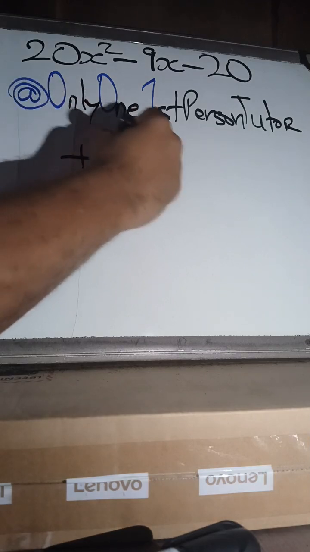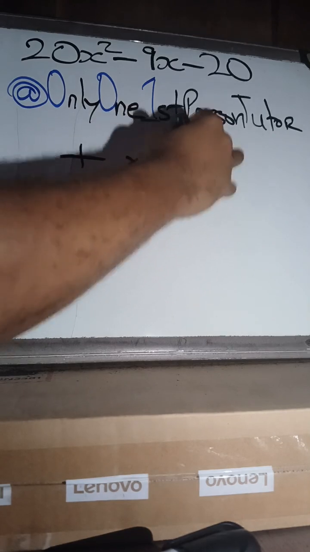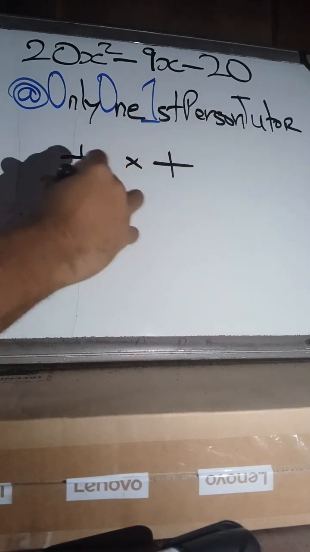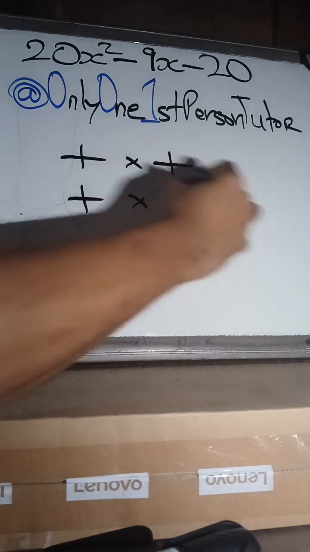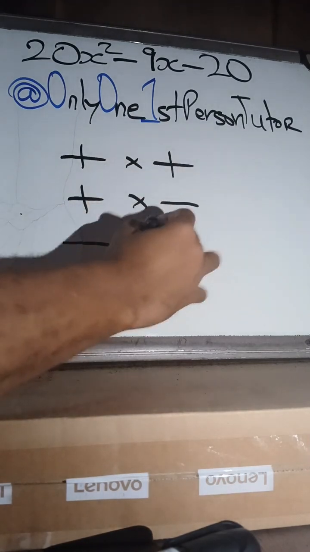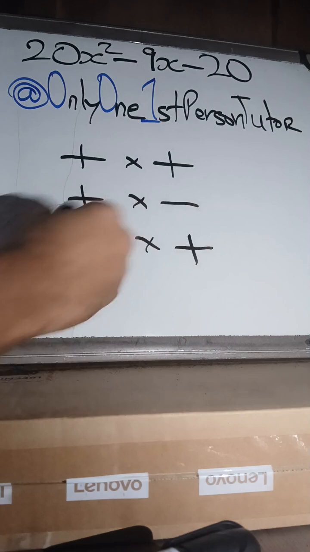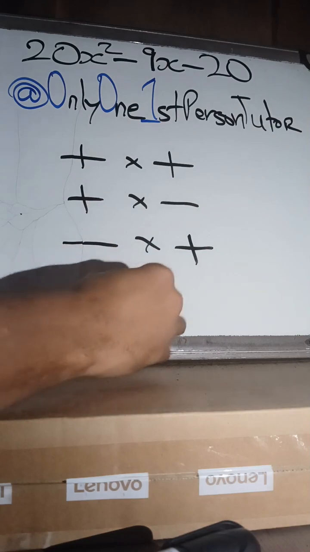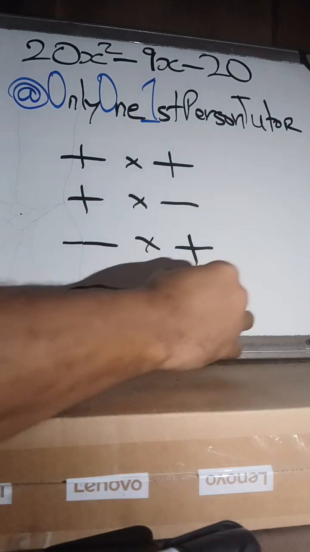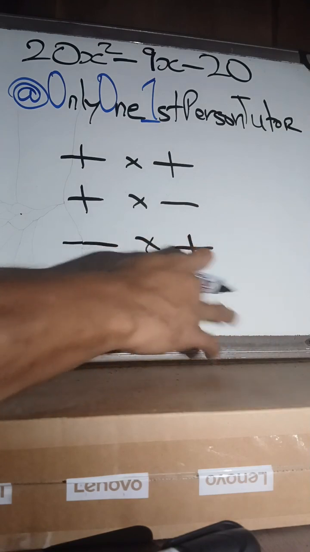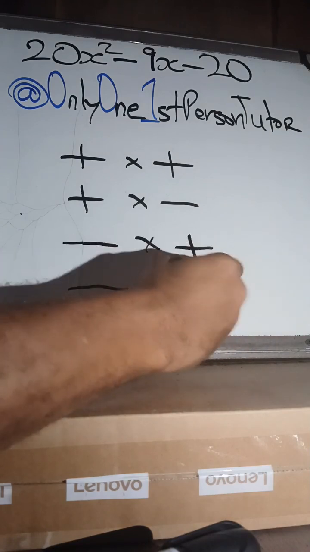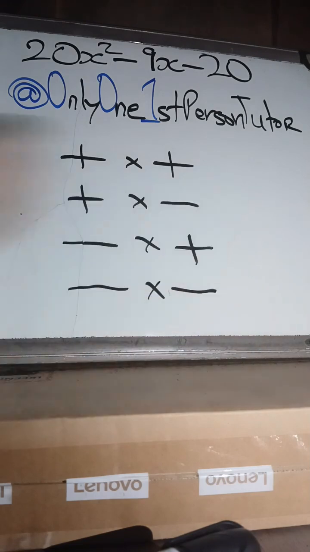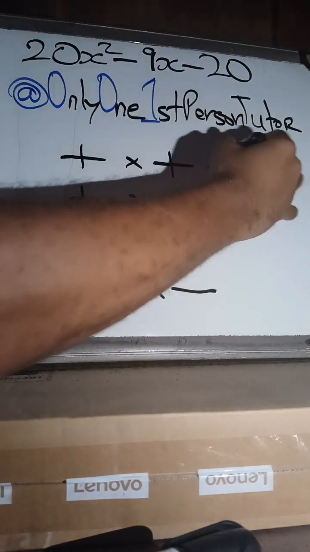You have this, let's make sure it's set. Okay. So those are 4 of your possibilities, right?